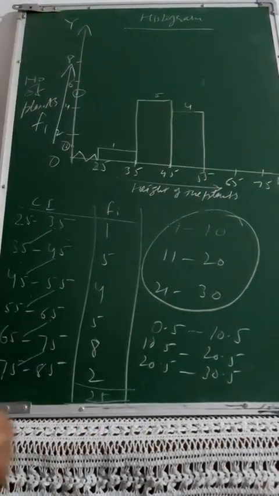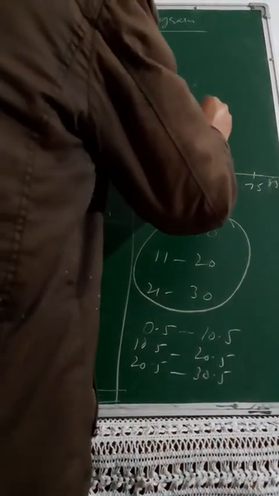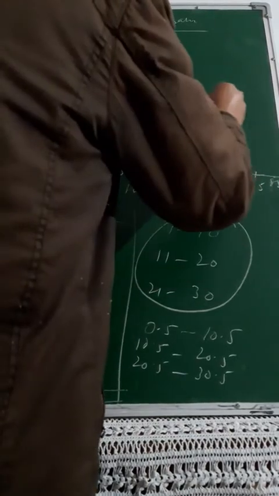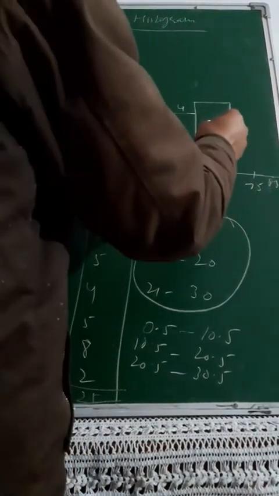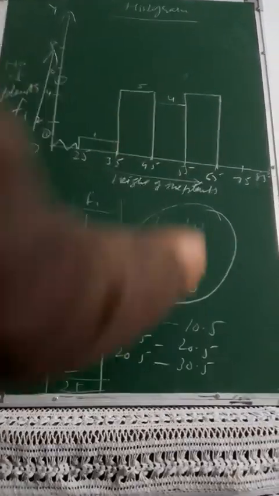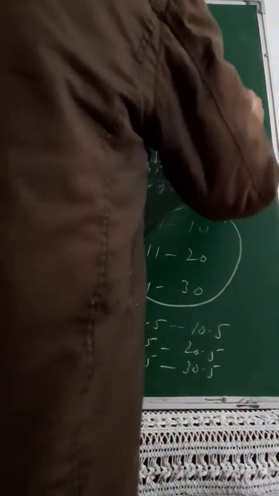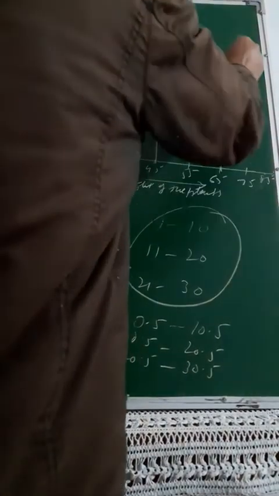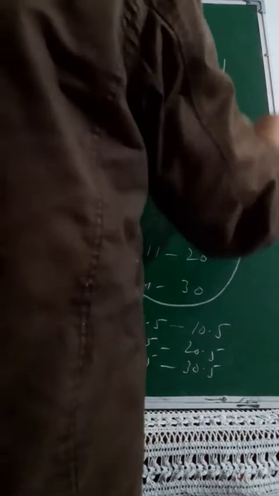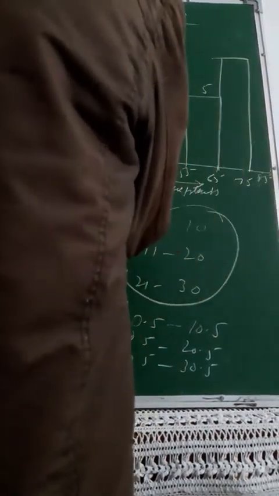This is for 4 plants, and then at 55 to 65 again you have to go back to 5, again you increase this, block it at 65, and the height here is again 5, and then it is 8, 65 to 75, so you increase this 65 up to 8 here, and block it at 75 somewhere, and similarly the last one 82, so up to 2 somewhere, so up to 2 you need to block that.